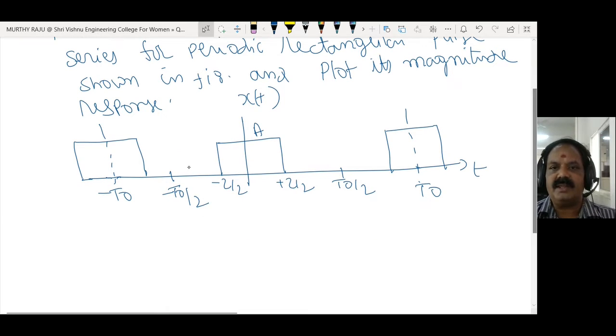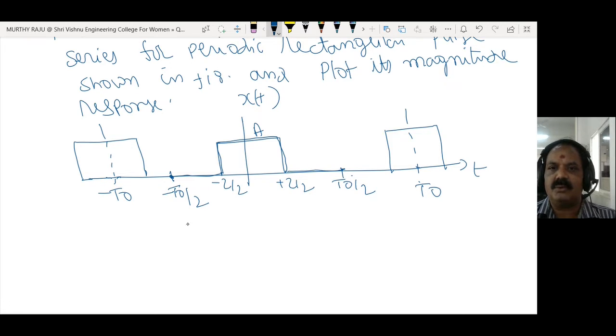First of all, find out the time period of the waveform. Here the starting point is here, and the ending point is here. After that, from T0 by 2, again the waveform is repeated.